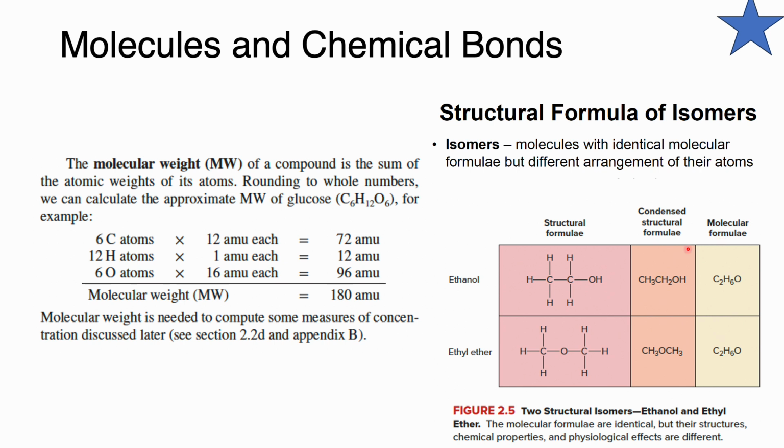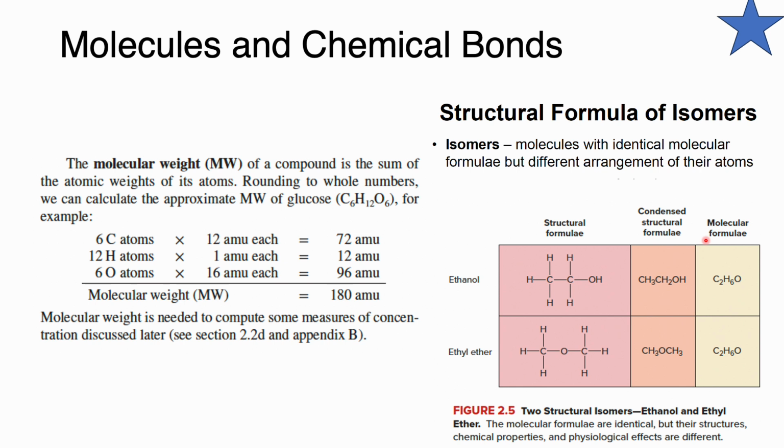Here again we have ethanol and ethyl ether. The molecular formula of ethanol and ethyl ether is C2H6O. They have the same molecular formula, but they have a different structural formula. How they are arranged in space is different. Here we have a hydroxyl group, and here we have a carbon, an oxygen, and then another carbon.